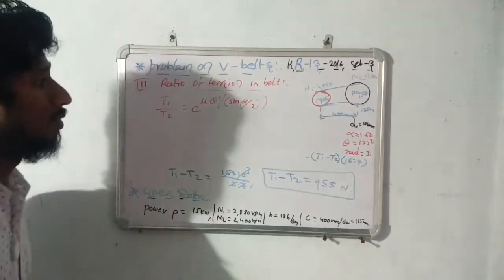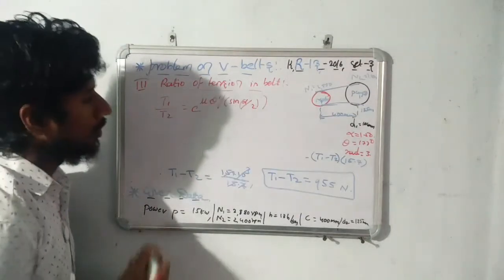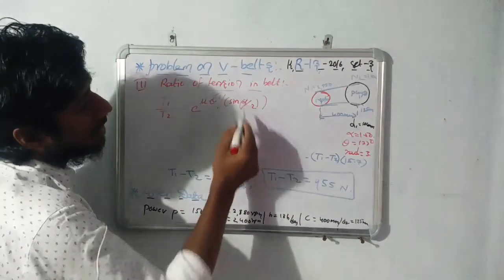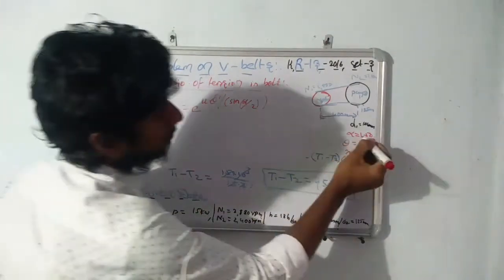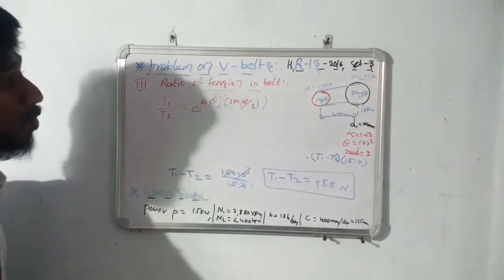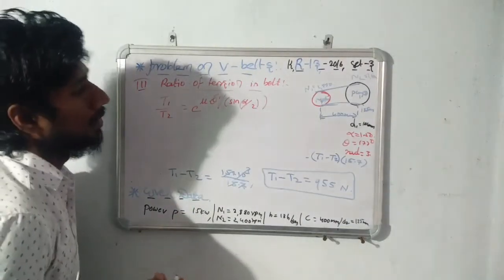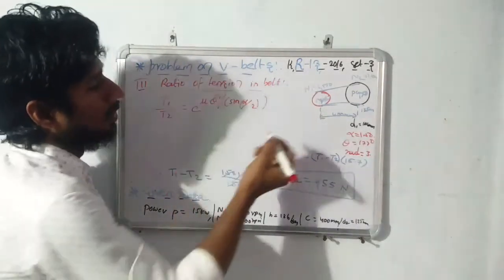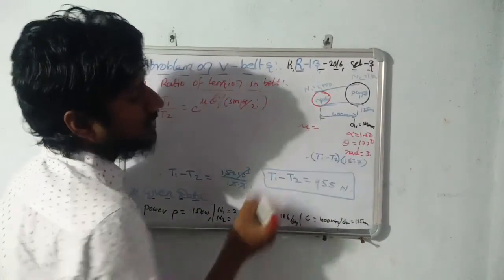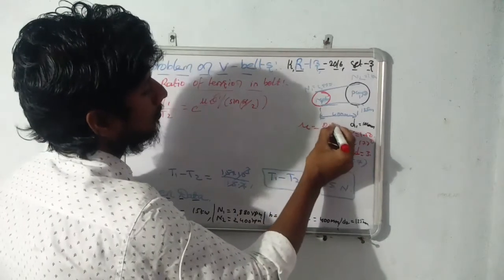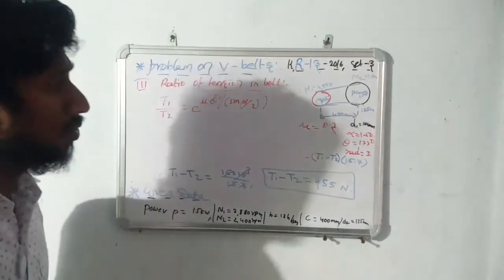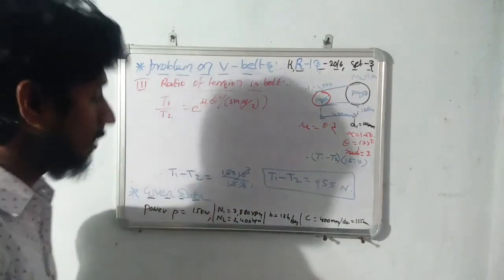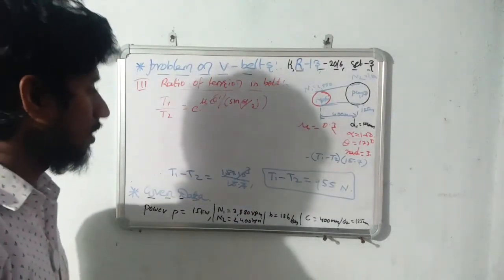This is the formula to find the T1 by T2 value. Here theta dash is the radians conversion and alpha is the groove angle of the belt. We don't know the coefficient of friction. In general, for any type of belt, the value of coefficient of friction is in the 0.3 range.